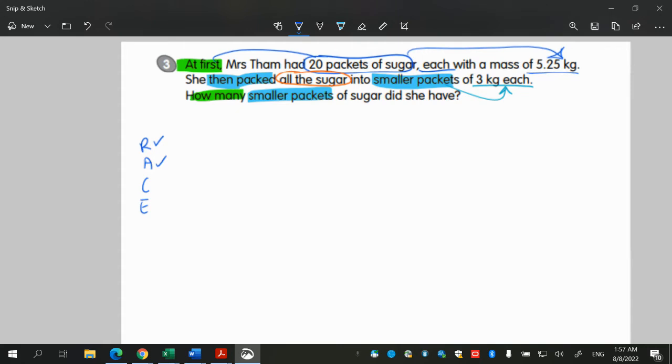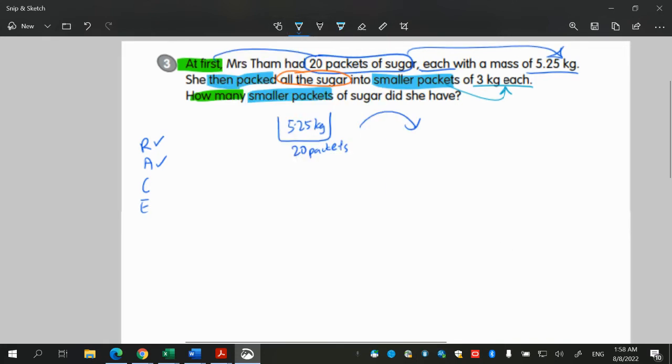For example, initially there are big packets, each of them is 5.25 kilograms, and there are 20 of these. And she packs them into smaller packets of 3 kilograms each.